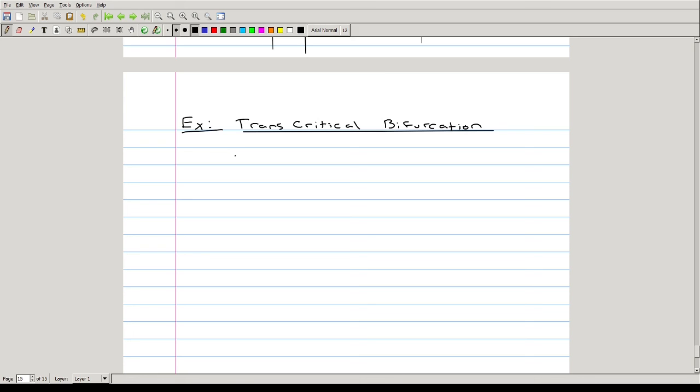And the example that we're going to use for this is when y prime is equal to lambda y minus y squared.